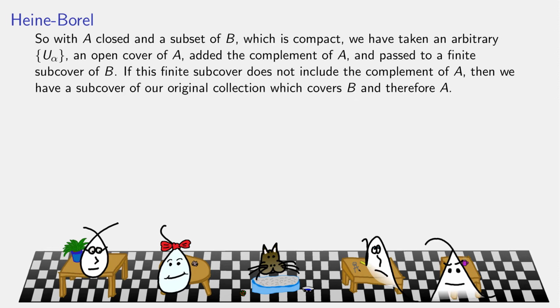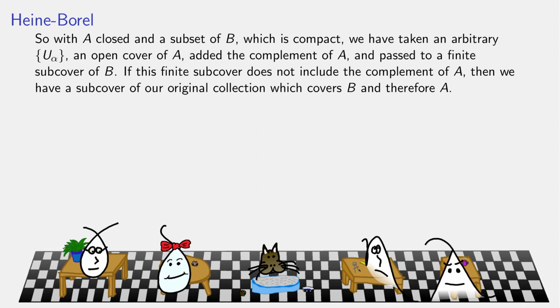So A is closed. B is compact and B contains the set A. We started with an arbitrary open cover of A, added the complement of A, another open set. We passed to a finite subcover of that, which now covers B. There are two possibilities: the finite cover we passed on to includes the complement of A or it doesn't.